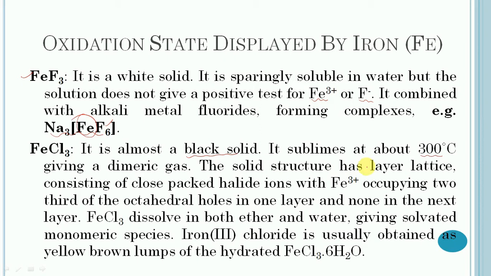The solid structure has a layer lattice consisting of close packed halide ions with iron 3+ occupying 2/3 of the octahedral holes in one layer and none in the next layer. Ferric trichloride dissolves in both ether and water, giving solvated monomeric species. Iron 3 positive chloride is usually obtained as yellow-brown lumps of hydrated ferric trichloride with 6 molecules of water.